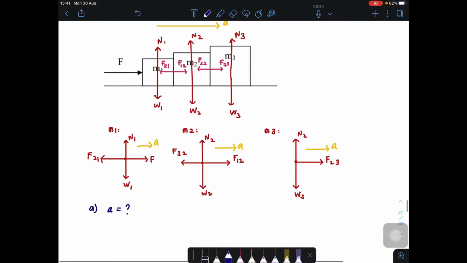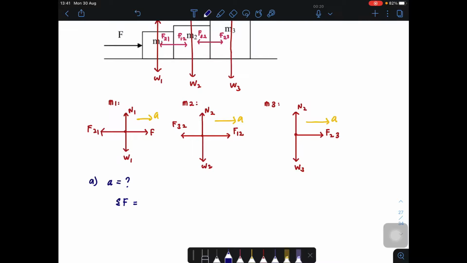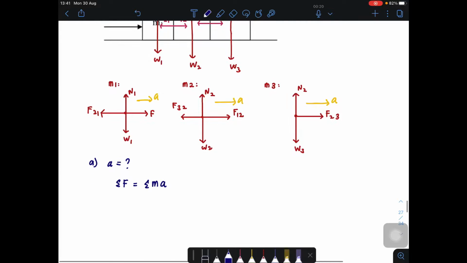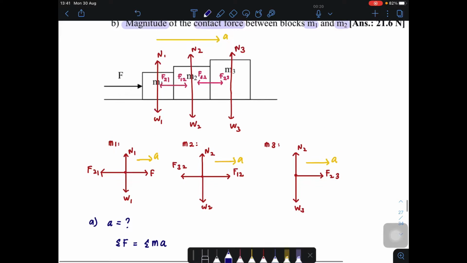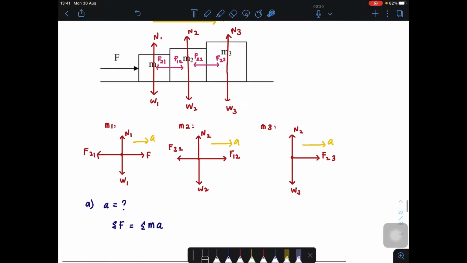So this one lebih kurang macam example sebelum ni, 17 I think, di mana kita boleh terus gunakan the sum of F is equal to the sum of MA. So F dekat sini kita ada satu F yang besar which is equal to 30 Newton.